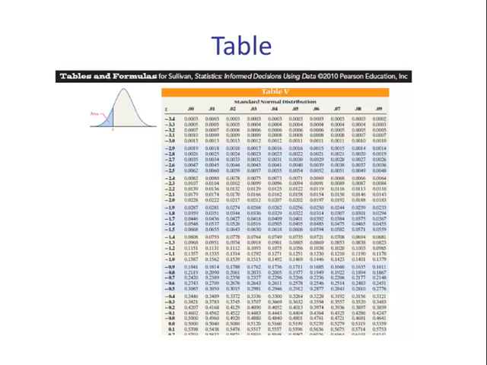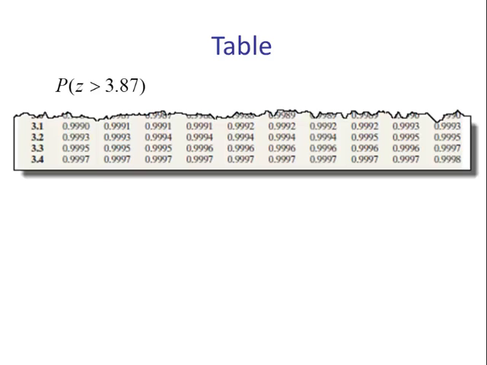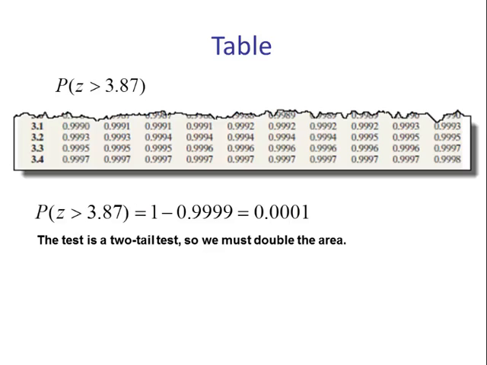Using Table 5, we want to know what's the probability that z is greater than 3.87, our test statistic. Of course, this is off the table chart, so we use the default of 0.9999. Since we want the area to the right of a positive 3.87, we take 1 minus that value and we get 0.0001. Because this is a two-tailed test, we must double the area. Because we found the value of greater than 3.87, now we need to find the value of a negative 3.87 because we're doing a two-tailed test.